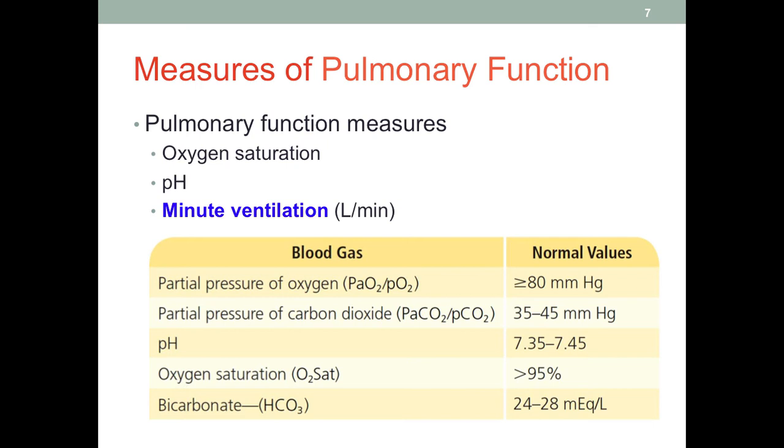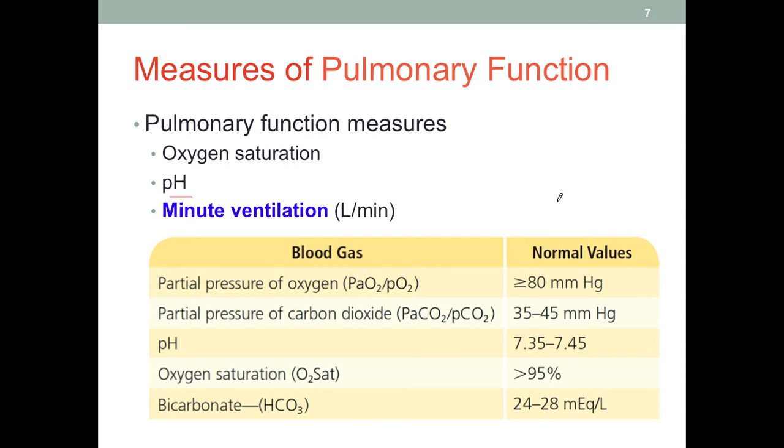We mentioned oxygen saturation and pH in the blood because of the carbon dioxide that depends on the lungs to be disposed. So therefore, the pH value or the balance in the blood could also reflect our lung function.